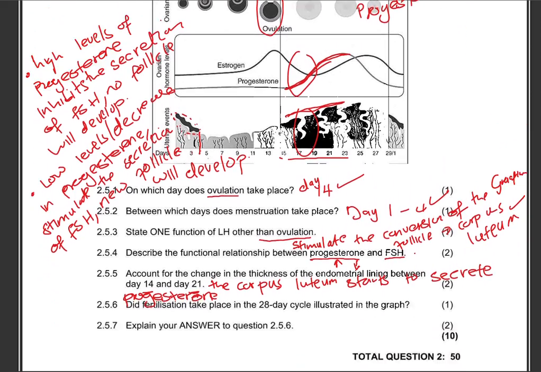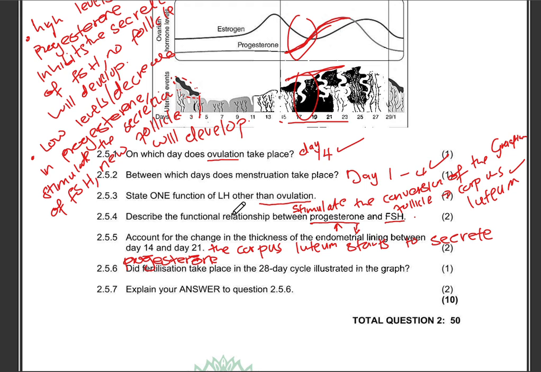Okay, it's correct. Endometrium, this is a T.